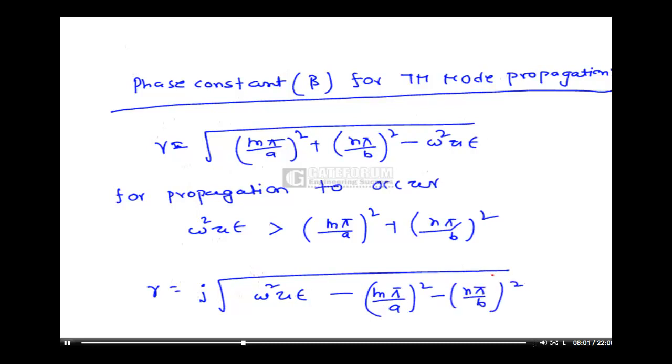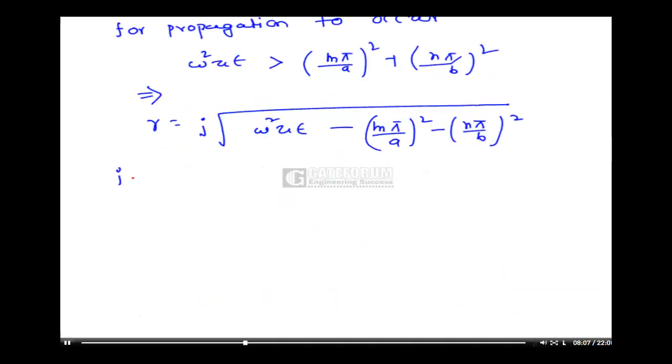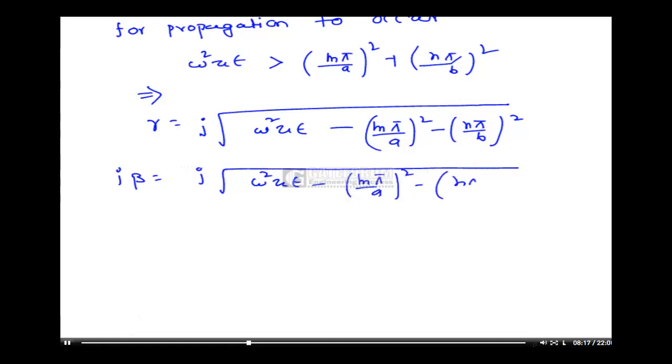I can write like this with the help of this condition. But gamma is equal to jβ only, so j cancels, and beta is equal to this value.